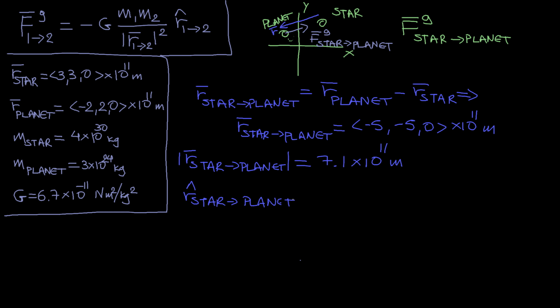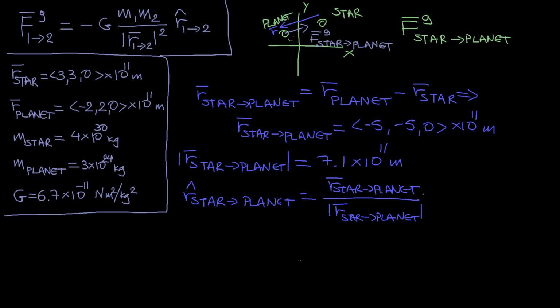And you can find the unit vector if you take these three components, the vector r from the star on the planet, and you divide this vector by this number, the magnitude of the vector from the star on the planet. So this is the magnitude of the r vector from the star on the planet.